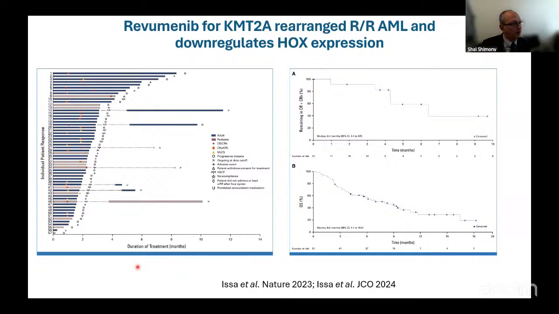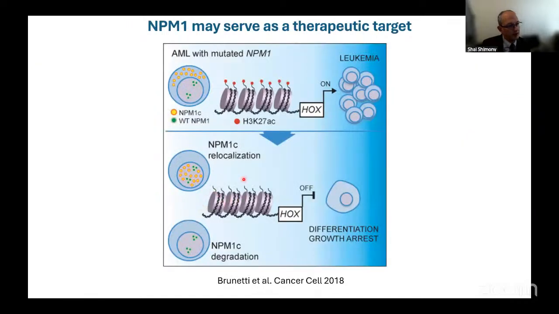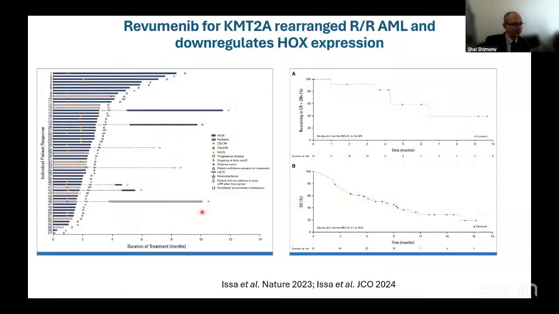And if I go a slide back, you can see that the action that is derived through the NPM1 acts for progressing the leukemia through this HOX-BOX gene. So if we can stop that, we may be able to reverse the detrimental effects of mutated NPM1.